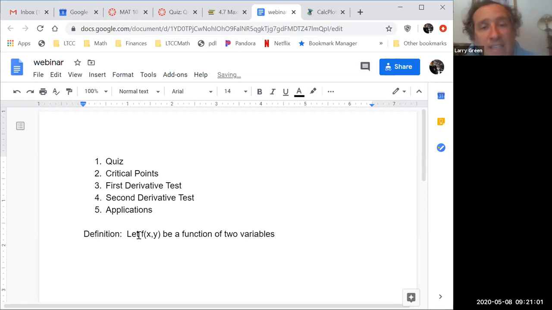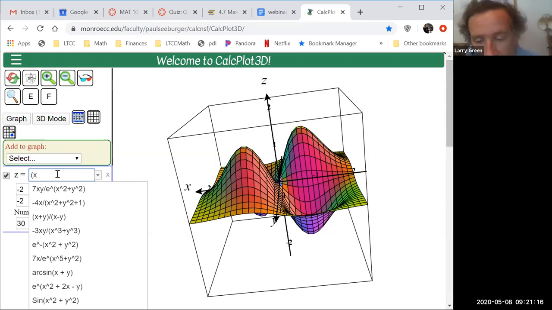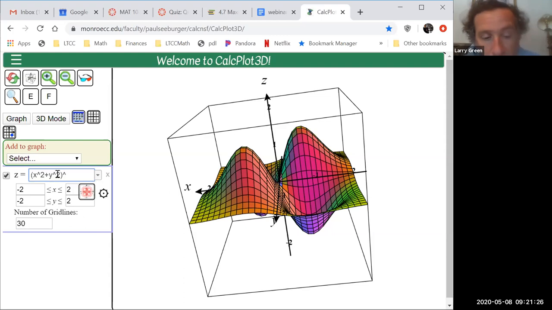Actually, there's one more thing I want to visualize before we get there. I'm going to change this graph to a different one. How about x squared plus y squared to the 1/2, or 0.5.